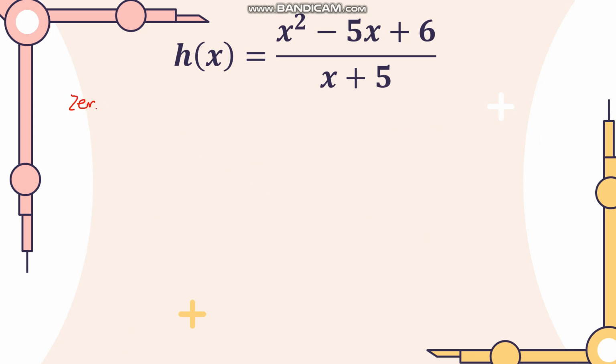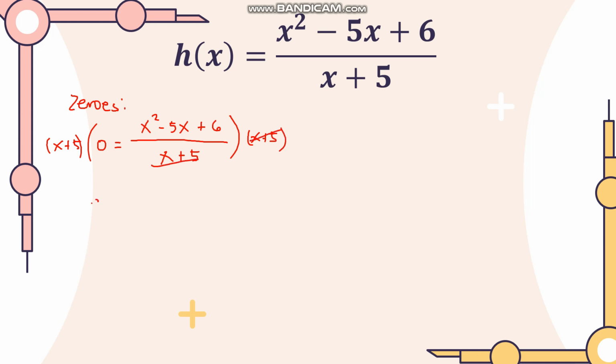So let's solve for the zeros first. Again, we set our function equal to 0. So 0 equals x squared minus 5x plus 6 all over x plus 5. Then multiply both sides by x plus 5 to remove the denominator.